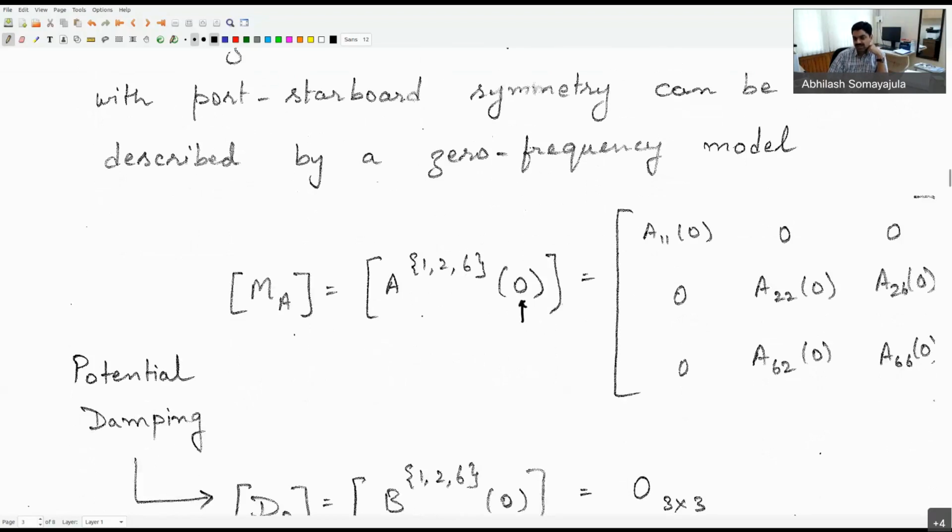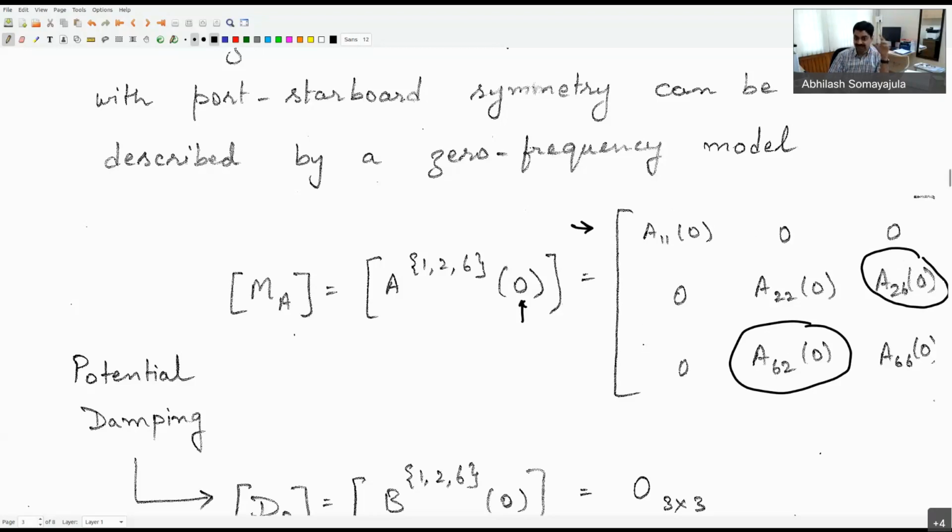And typically you will not see much coupling between the surge mode and the sway mode, similarly between the surge mode and the yaw mode. However, the sway and the yaw are typically coupled, so you will see that these cross-diagonal terms are generally non-zero, whereas the surge is somewhat decoupled from the sway and the yaw.